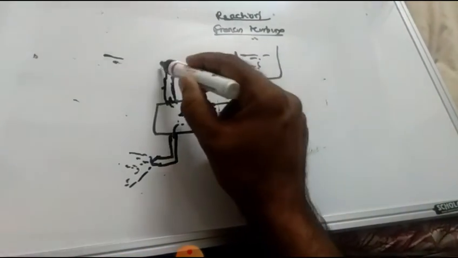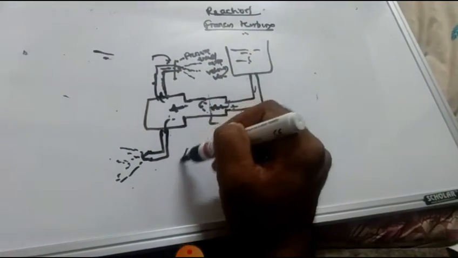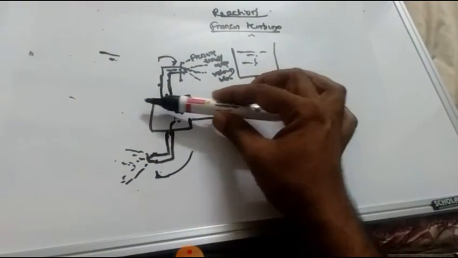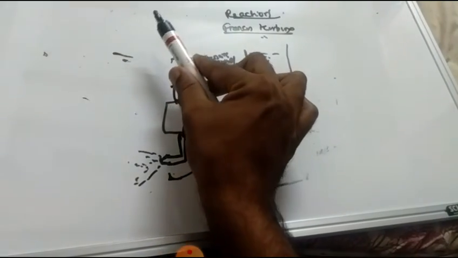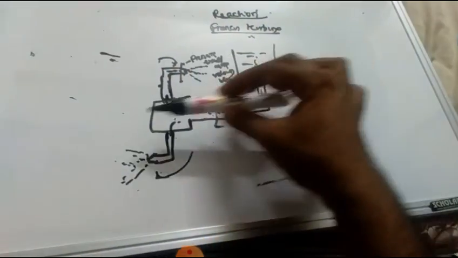So it starts to rotate in this direction. See, in this direction the water is moving in a radial direction, and it will rotate this way.